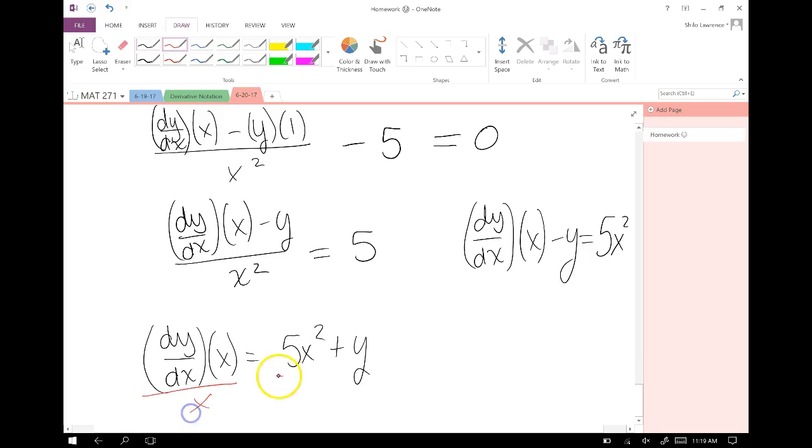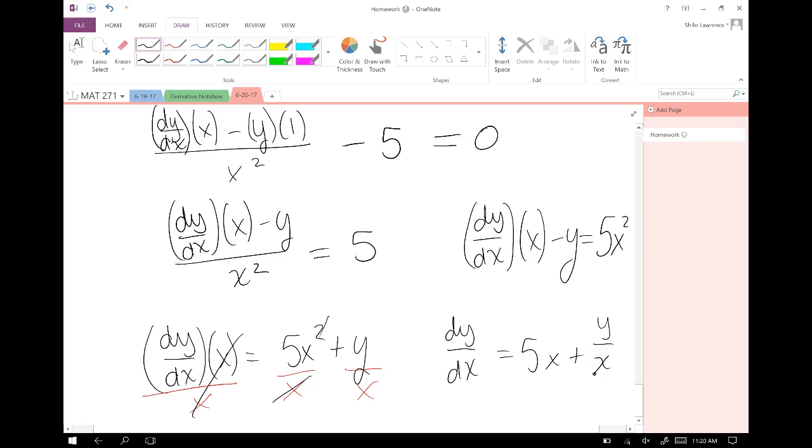And then we'll divide that x over. And since there's 2 terms on the right, I'm going to go ahead and divide them individually. We've got to divide everything by x. And I get dy dx equals 5x plus y over x.